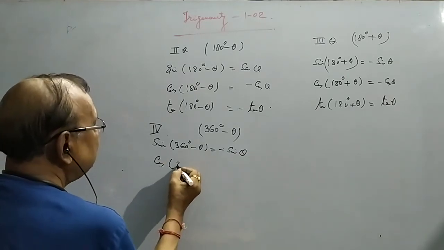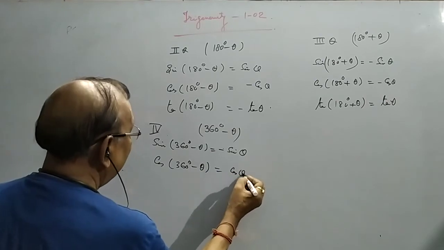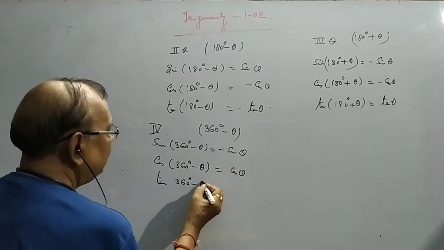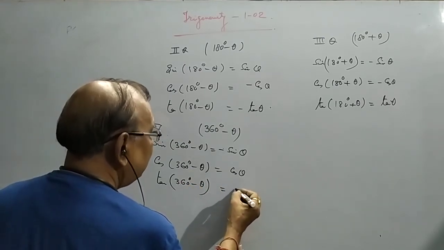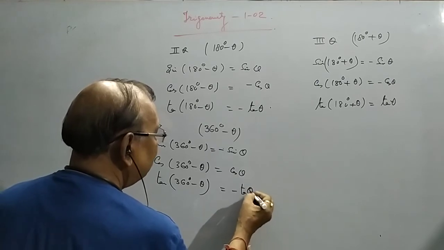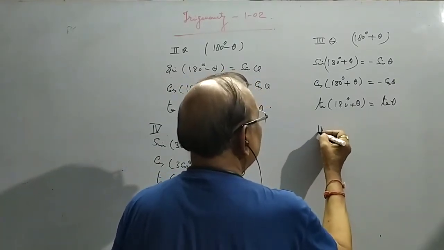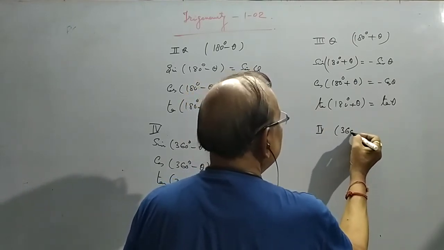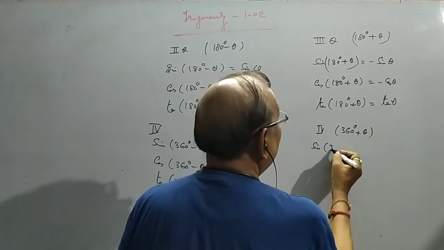Cos 360 degree minus theta, that is positive. And tan 360 degree minus theta will be minus tan theta. Similarly, fourth quadrant, we move further. In fourth, 360 plus theta, the trigonometrical ratio remains as it is.